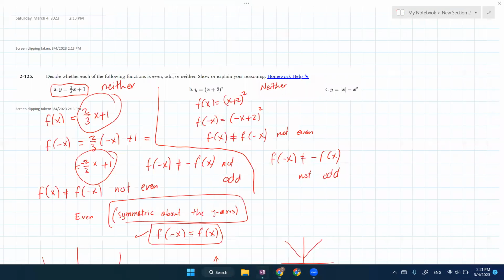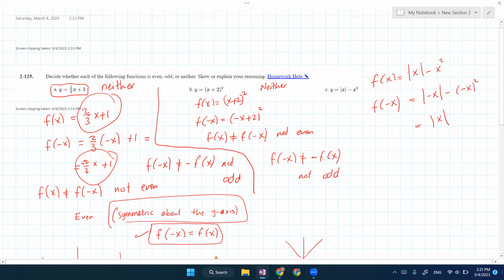And finally, this one. So f of x is equal to the absolute value of x minus x squared, and for f of negative x, I need to replace x with negative x. The absolute value of negative x is the absolute value of x. They are exactly the same. The absolute value of 3 and the absolute value of negative 3 are the same.